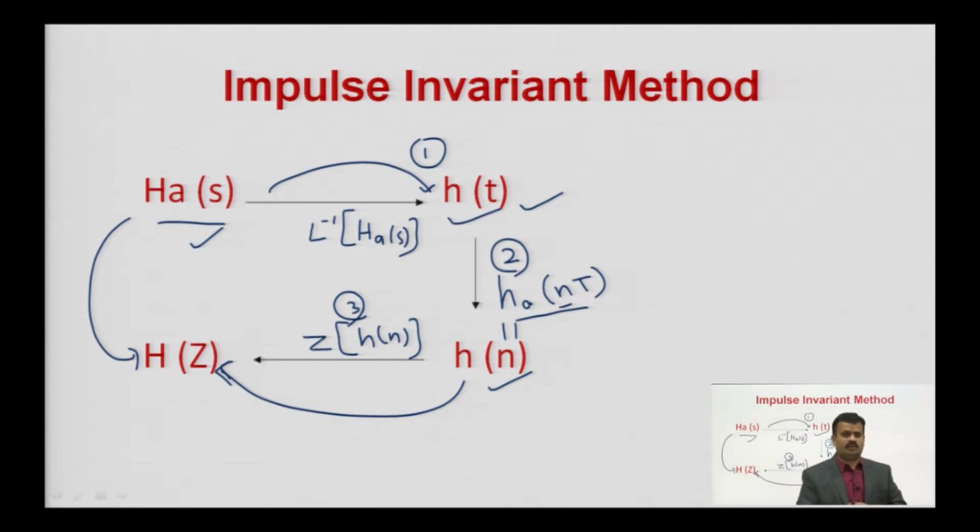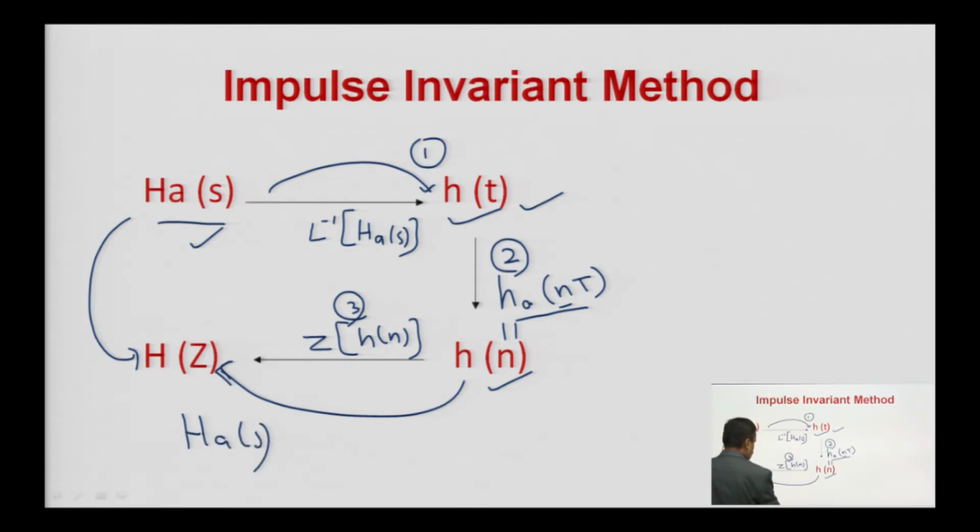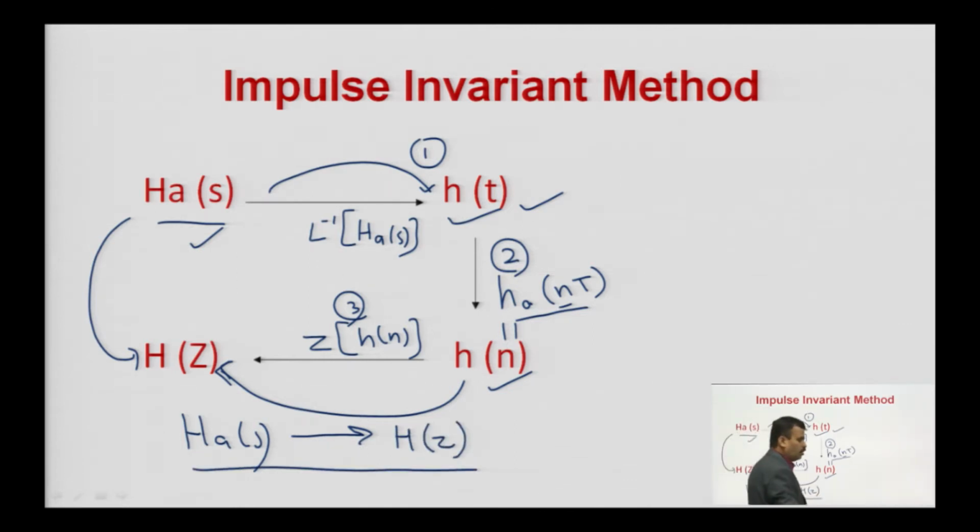Then you can convert your H(s), initially given to you, into the final H(z). And now it is possible to design your given analog filter into the IIR digital filter in terms of its transfer function.